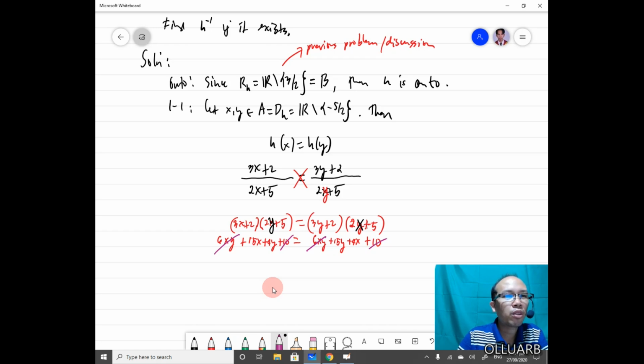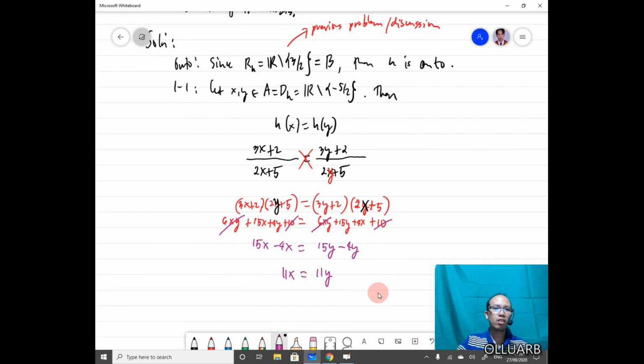So we have to transpose our x here: 15x minus 4x, and here we have 15y minus 4y, and then 15 minus 4 is 11, so 11x equals 11y.